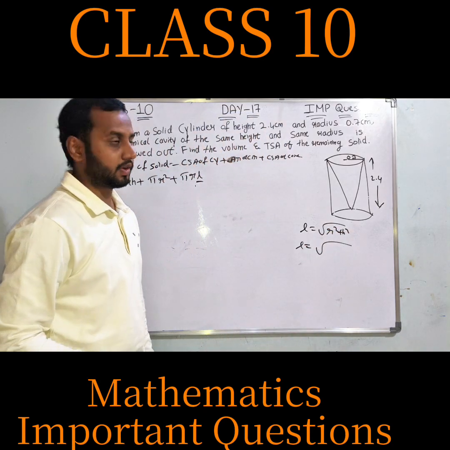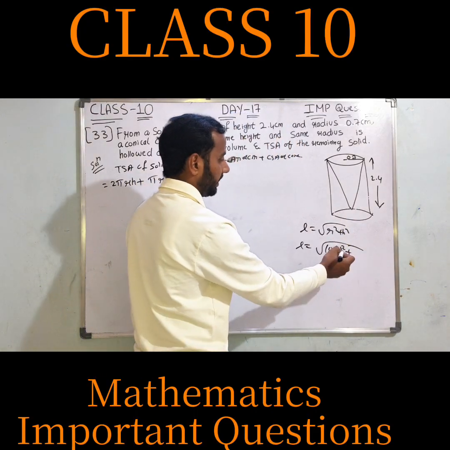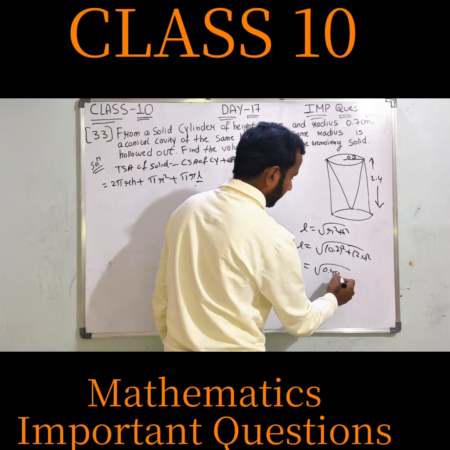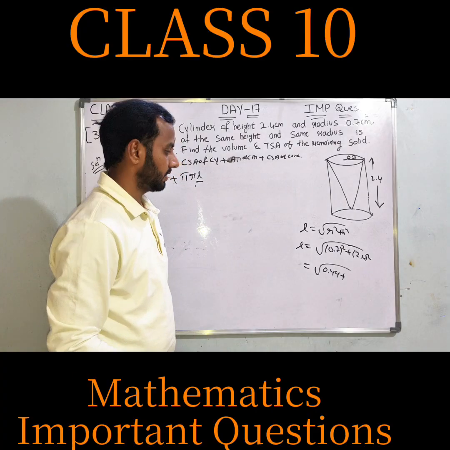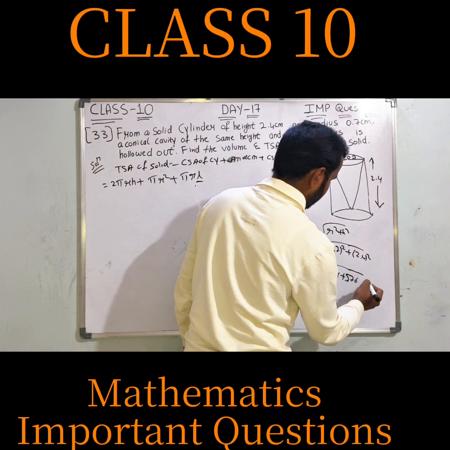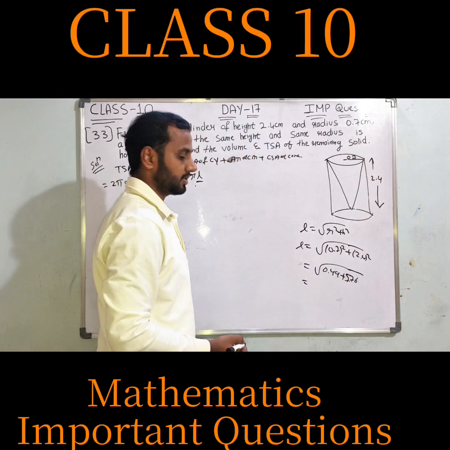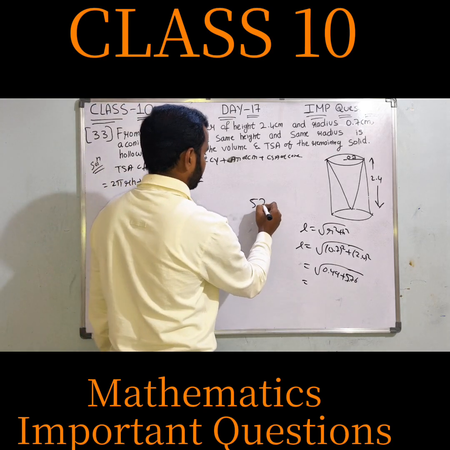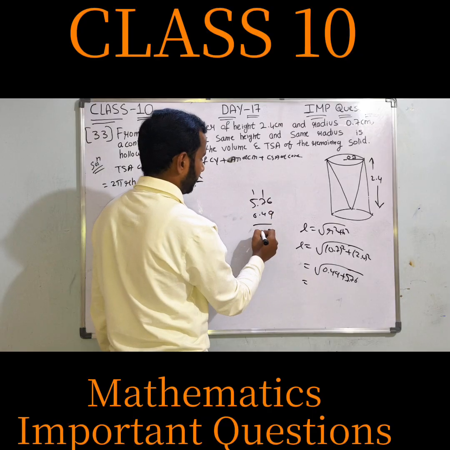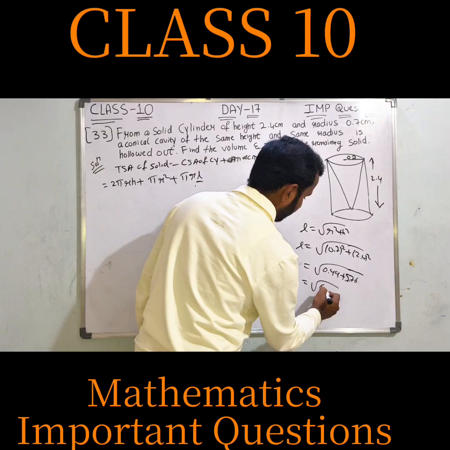What is your r value? r is the radius, which is 0.7, and h is the height, which is 2.4. 0.7 squared is 0.49, plus 2.4 squared is 5.76. 5.76 plus 0.49 will be 6.25.